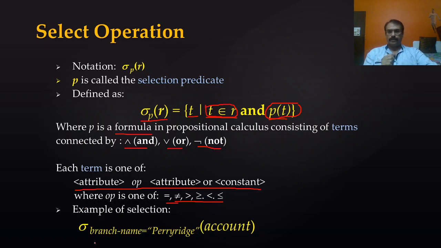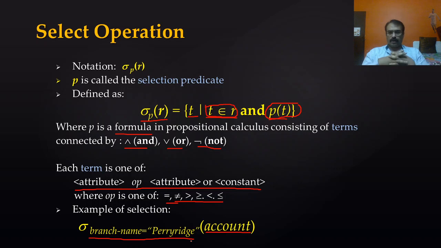What will this do? It will select and print all the rows from account which have branch name equal to parentage. So ultimately it returns all the account details from branch parentage. I am taking the example of the banking schema only, which is well known to you.